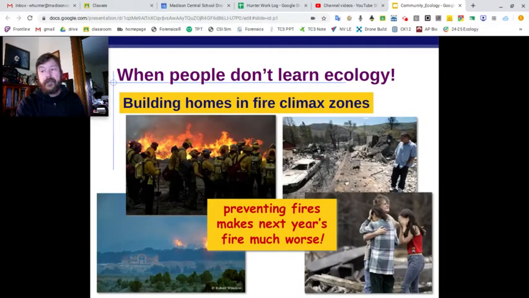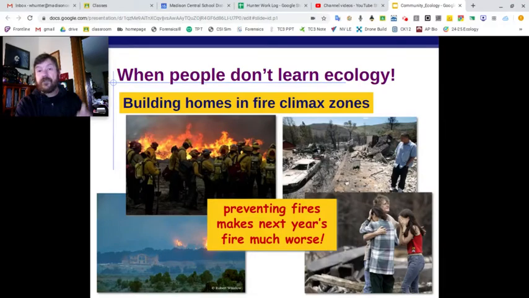We take a lot of effort in keeping forest fires from happening, but one of the things that happens is if you don't let the fire burn, then the litter on the ground builds up year after year after year, and eventually something's going to happen.